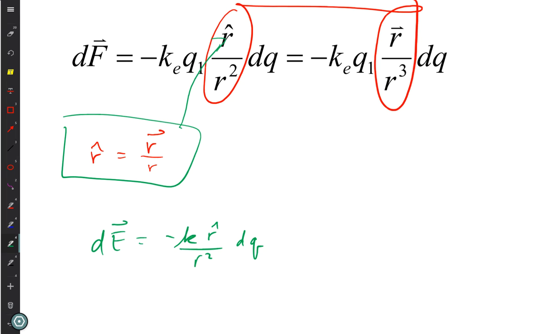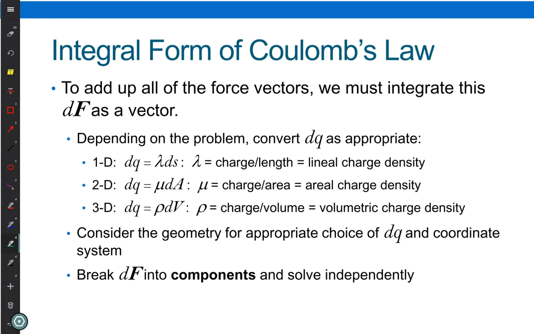I just dropped out the q1 because E is F over q. So how do we solve problems with this? How are you going to do, for instance, the first problem on your homework? After today, I'm going to do essentially the first problem on the homework, so you'd better be able to do it since I'm going to do it in class.